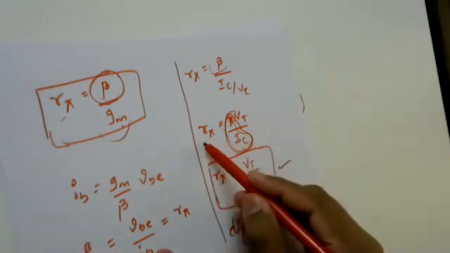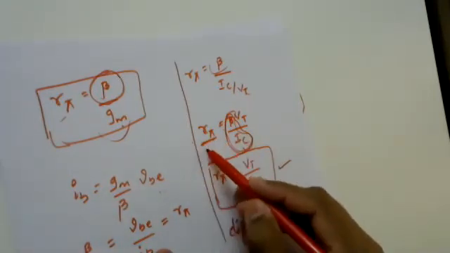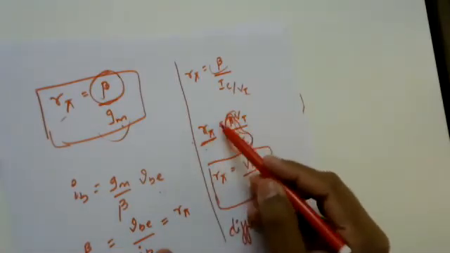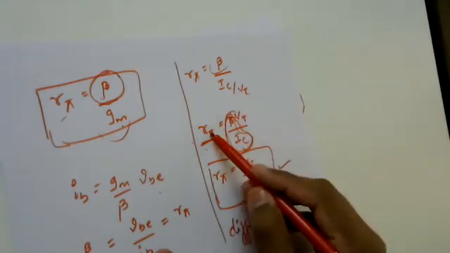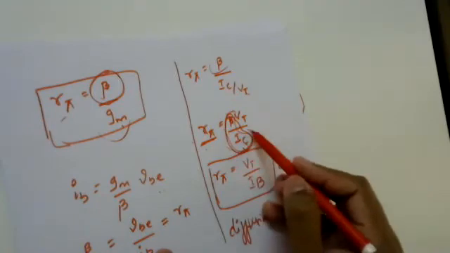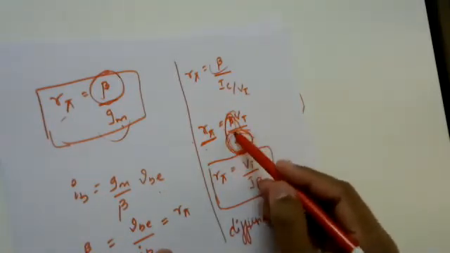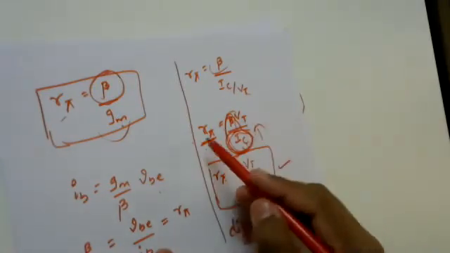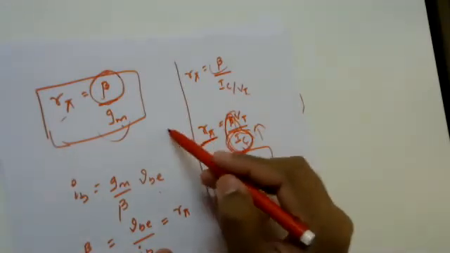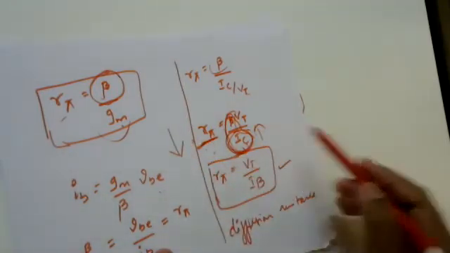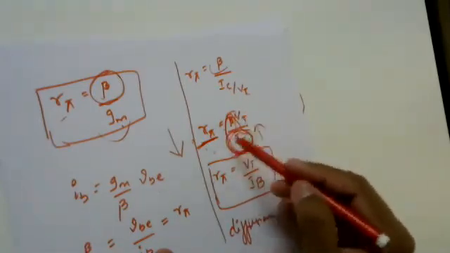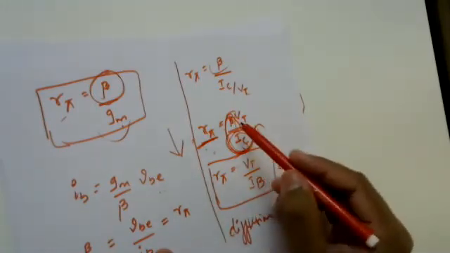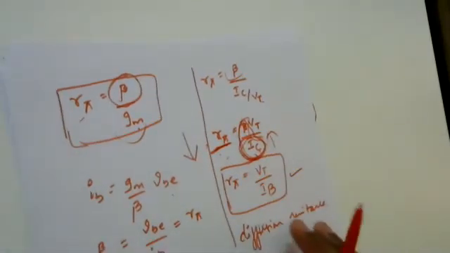This indicates that the resistance between the base and emitter is directly proportional to beta, and inversely proportional to collector current. Now if your IC is high, the value between base and emitter will be less. This is the inference you have to take from this equation. Is it clear to you? Any doubts about this topic?